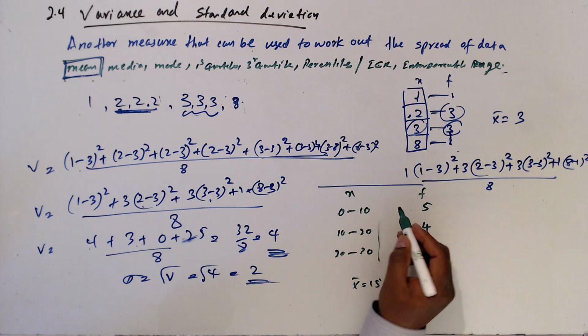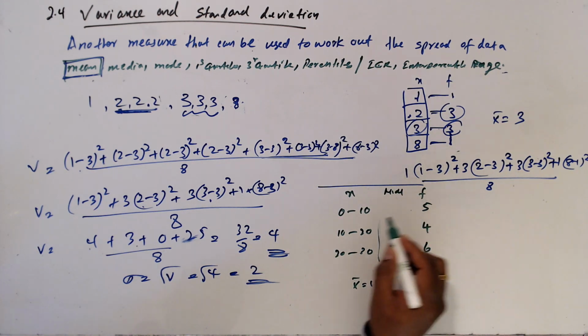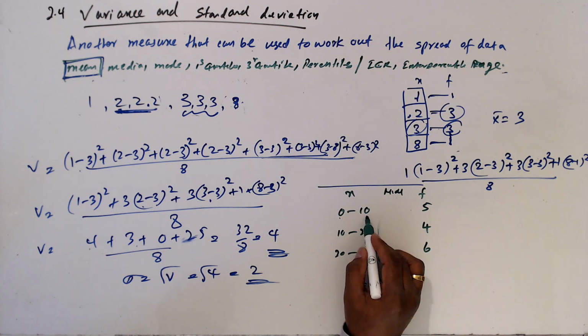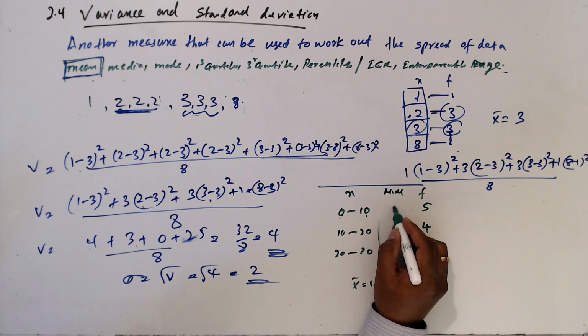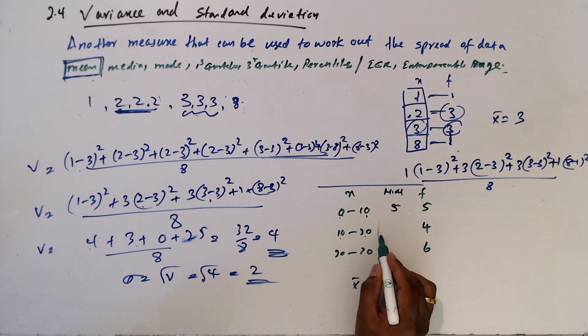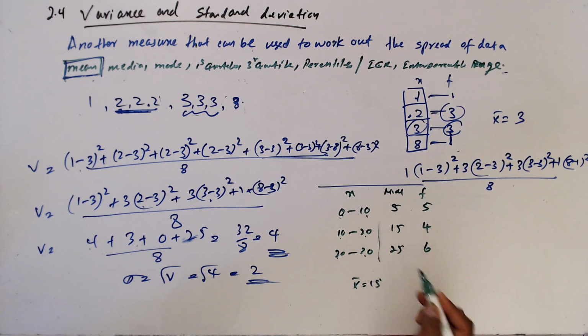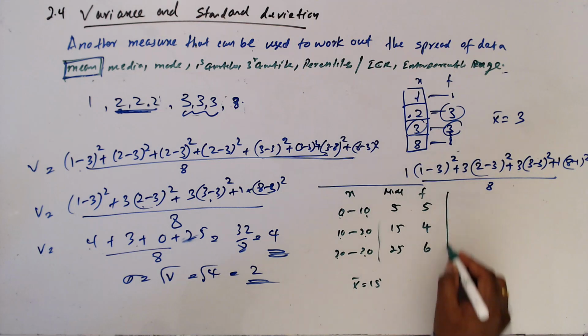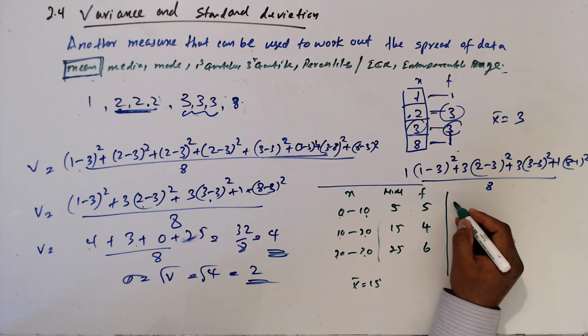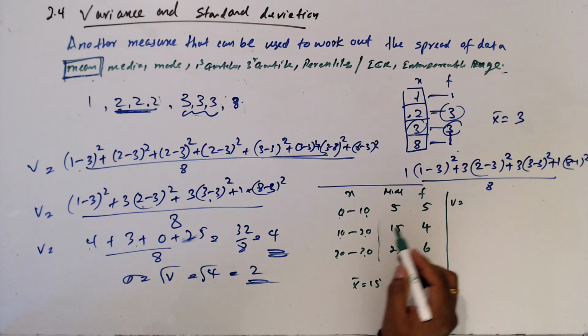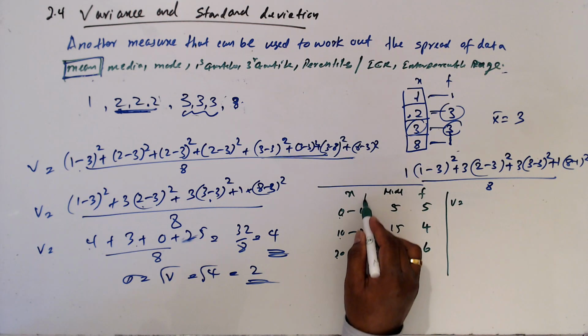So then we have to get the mid value. So 0 plus 10 divided by 2 is 5. 10 plus 20 divided by 2 is 15. And 20 plus 30 divided by 2 is 25. Then we can find the variance. We don't consider the class intervals anymore.